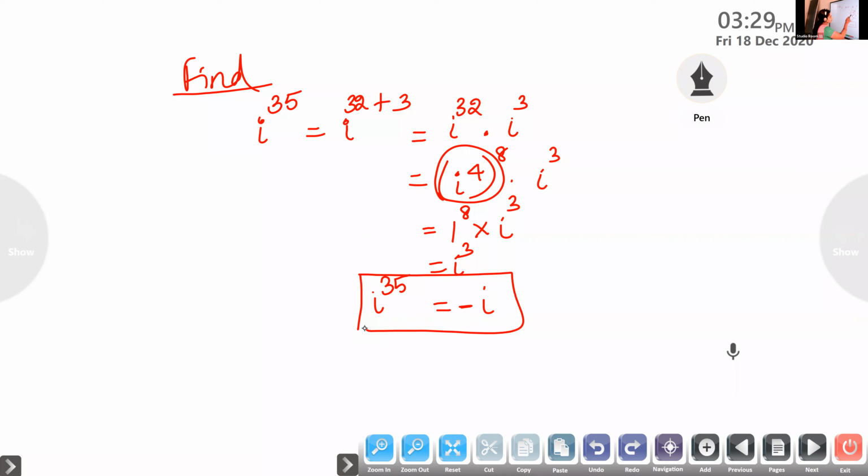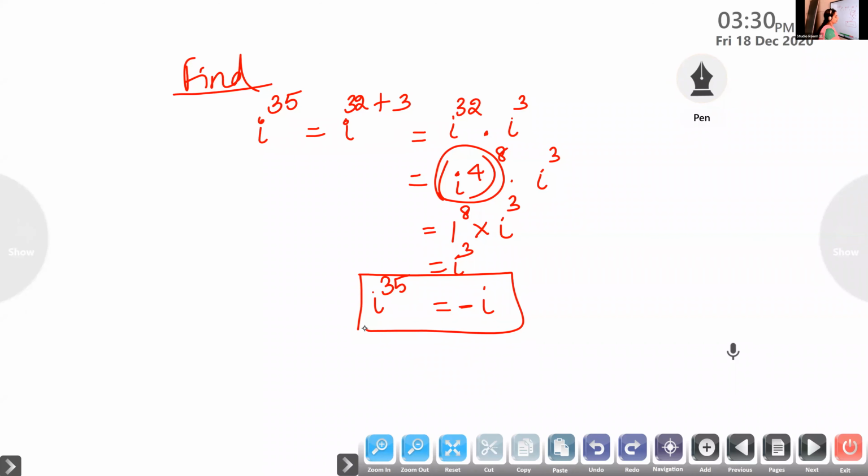But what is i raised to 4? It is 1. So 1 raised to 8 into i cube. But 1 raised to anything is 1 itself, so we can leave that one. So it is same as i cube. What is the value of i cube? It is negative i.